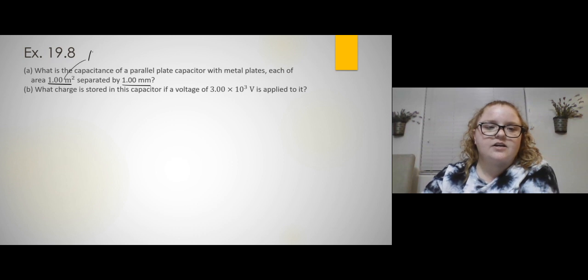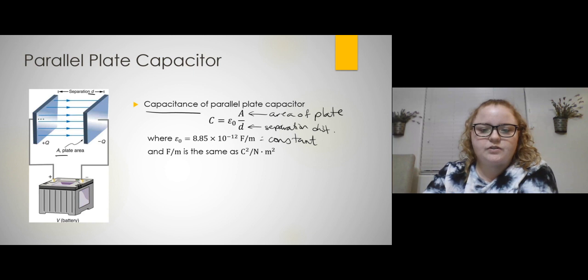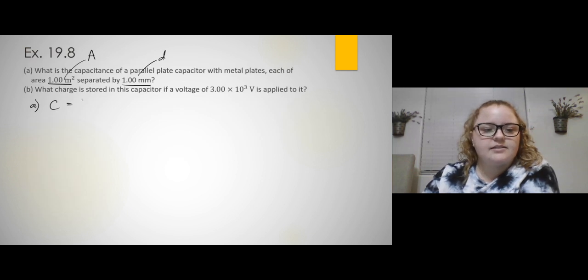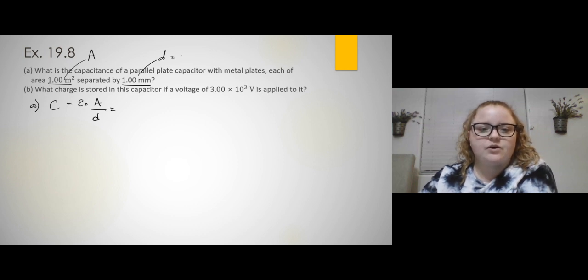Okay, so this is our area A. This is our separation distance D. Okay, so C is equal to epsilon naught times A over D. Okay, A is good. Let's go ahead and convert this into meters. So remember that millimeters to meters is times 10 to the negative third. So this is just 10 to the negative third meters.